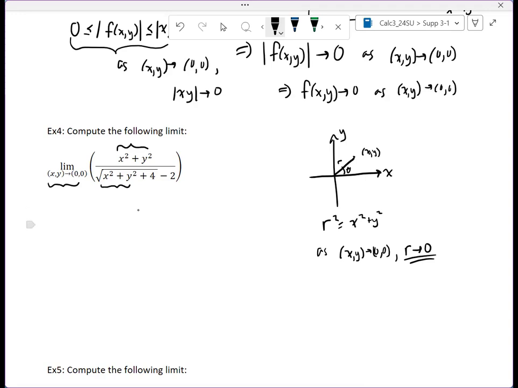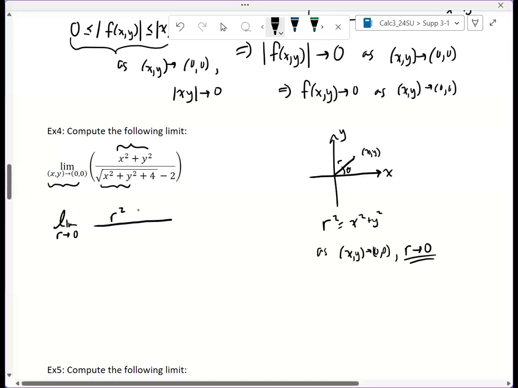So really what I'm interested in is what happens for the limit as r goes to 0 of, well, x squared plus y squared is r squared on the top over root r squared plus 4 minus 2 on the bottom. So all that I've done is change the variable.